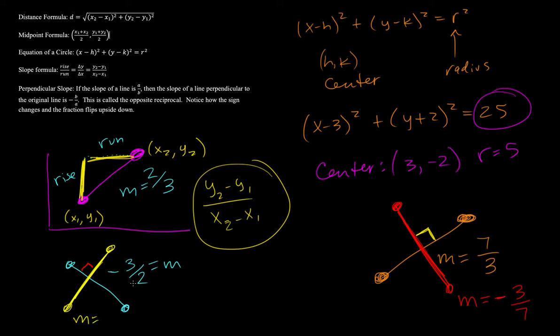And then we flip the fraction upside down, which is called the reciprocal. And once again, opposite reciprocal. Notice how both of them have different signs. Notice how the 3's on top, 2's on bottom. We flip that upside down, 2 on top, 3 on bottom, 7 on top, 3 on bottom, 3 on top, 7 on bottom. So you change the sign, flip the fraction.